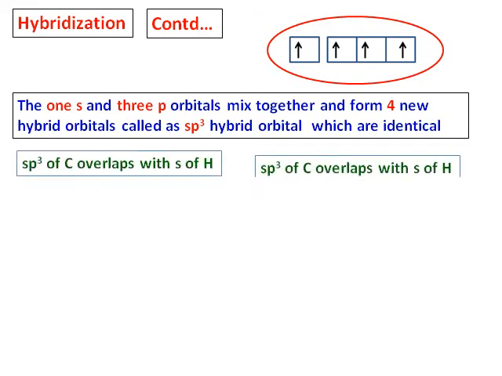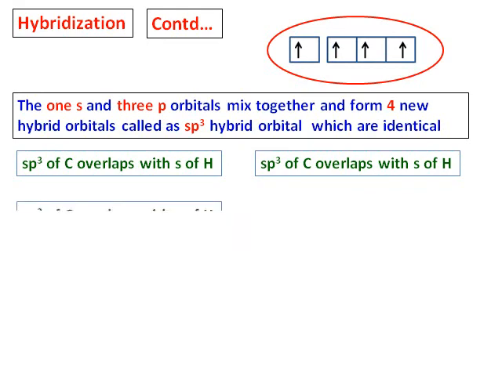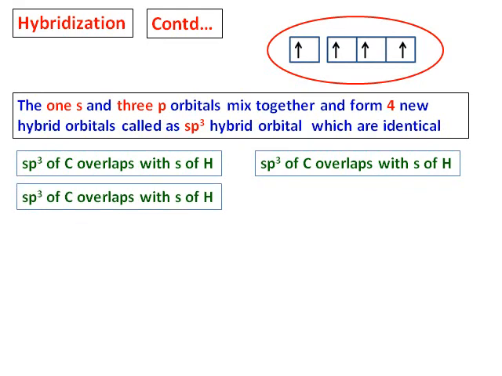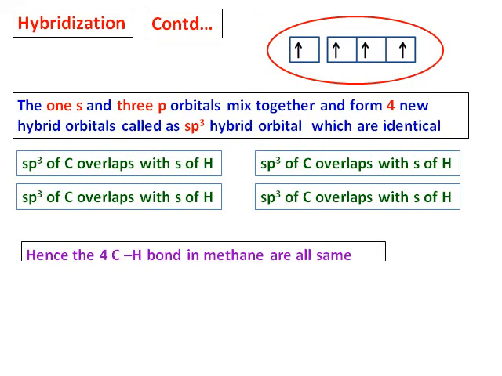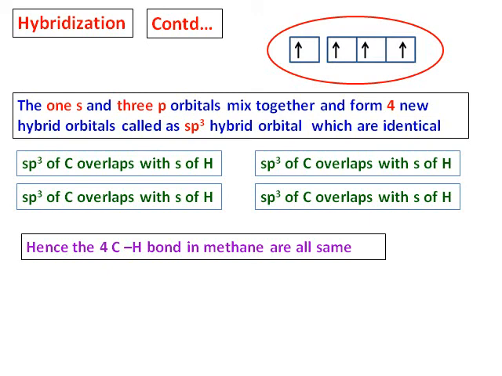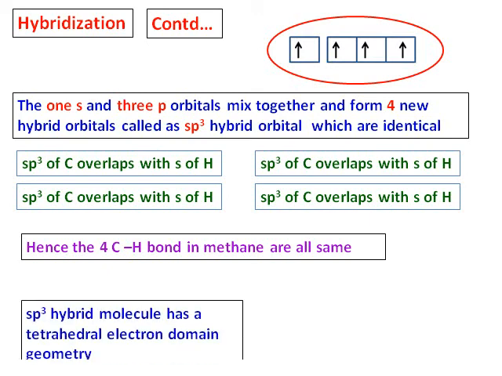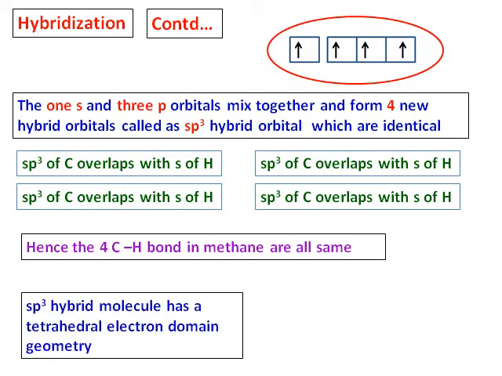Now these four identical sp3 orbitals overlap with the s of hydrogen. One of them overlaps with one s, the other overlaps with another s, and so on, and I get four sp3 hybrid orbitals overlapping with the s of hydrogen, and hence the four carbon-hydrogen bonds in methane are the same. An sp3 hybrid molecule has a tetrahedral electron domain geometry, because with four bonds the electron domain geometry is tetrahedral.